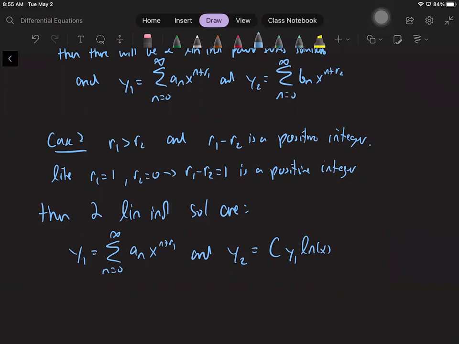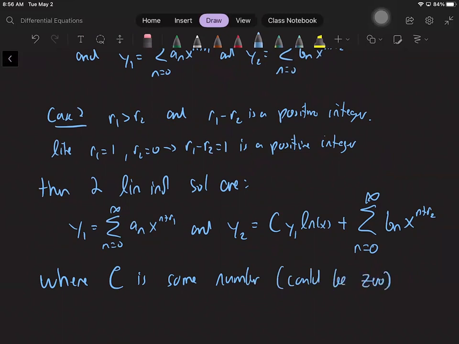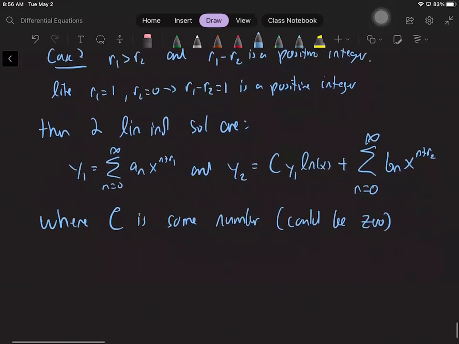So y2 could look like a series plus the little extra. But it could just be two series again, because C might end up being 0. C is some number, could be 0.